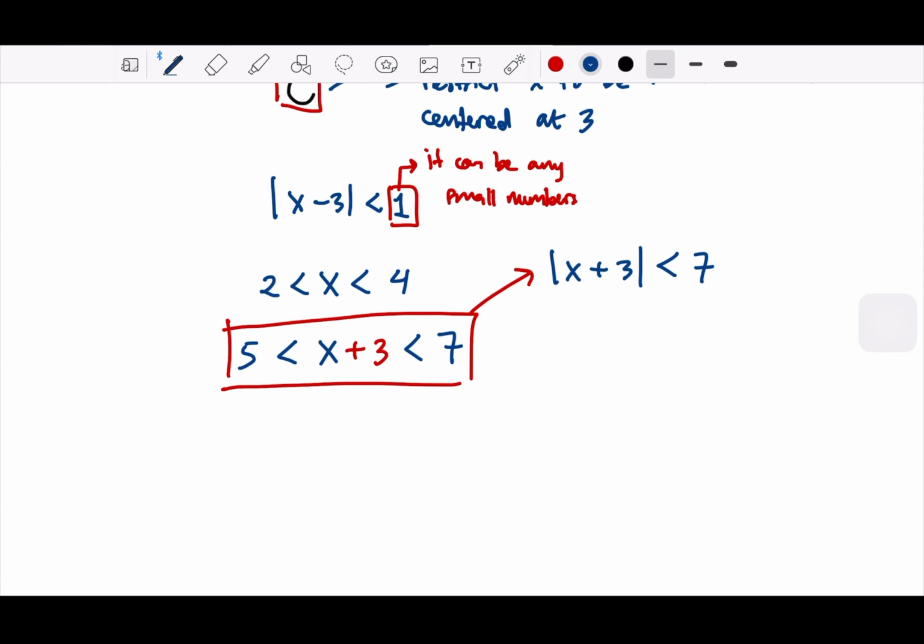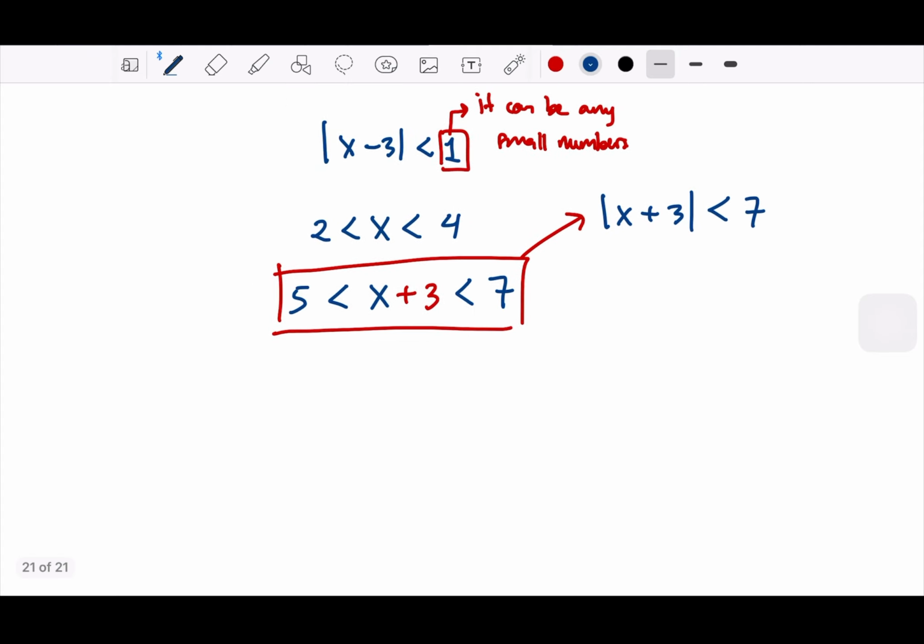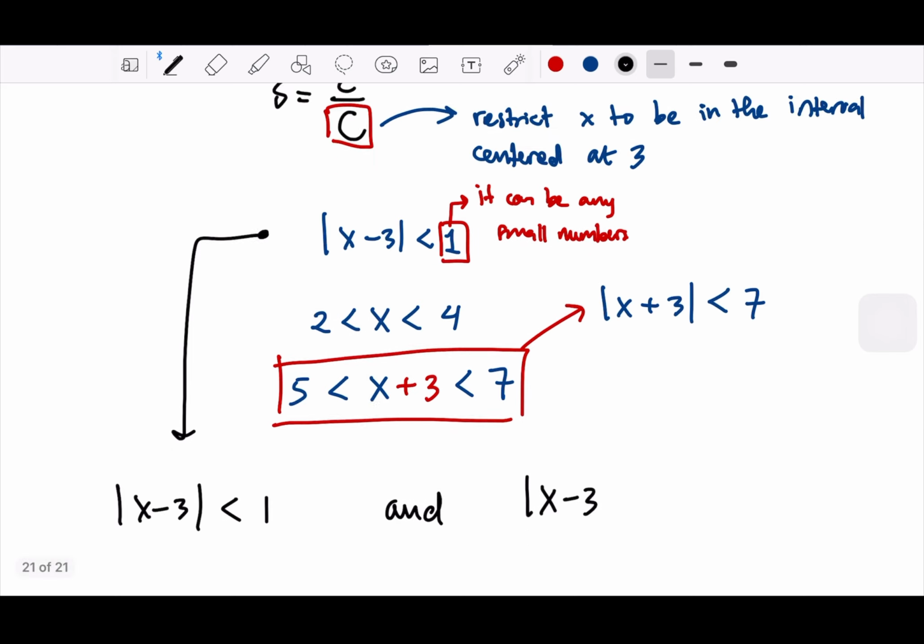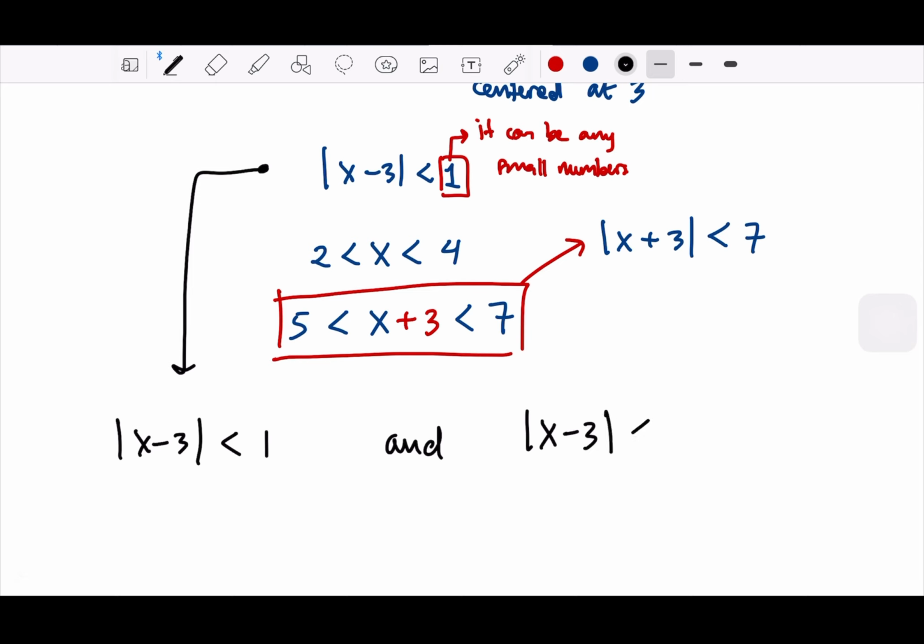But then we have at least two equations. That is, first is this that we assume here, right? And then if we are going to use the number 7 as in epsilon over c, then we will have this is less than delta, or this is epsilon over c, or we can use 7.